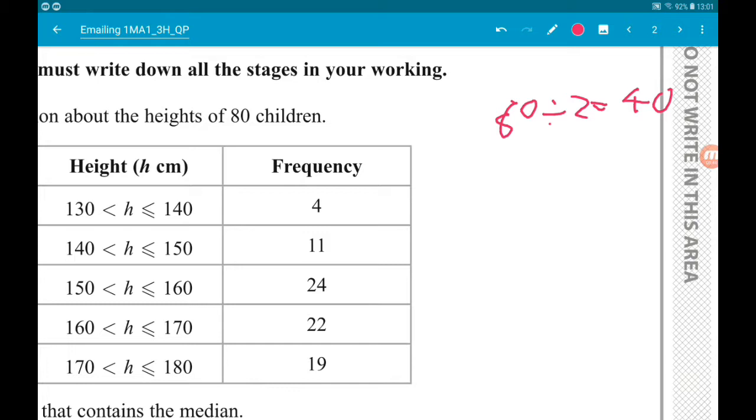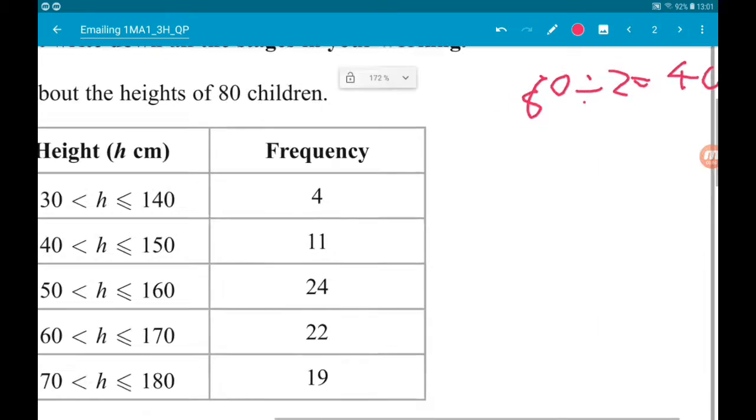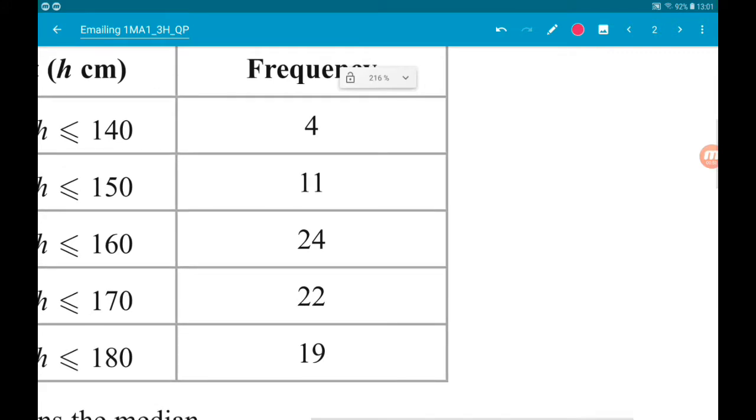41st piece of data. All we need to do there is go through the frequencies and add them up as we go, and hopefully find the interval where we first get a number greater than 40.